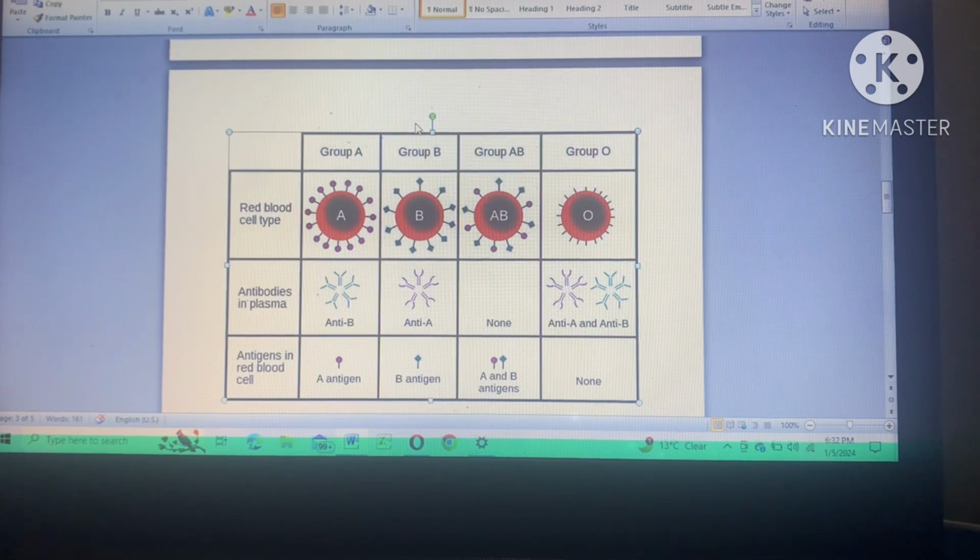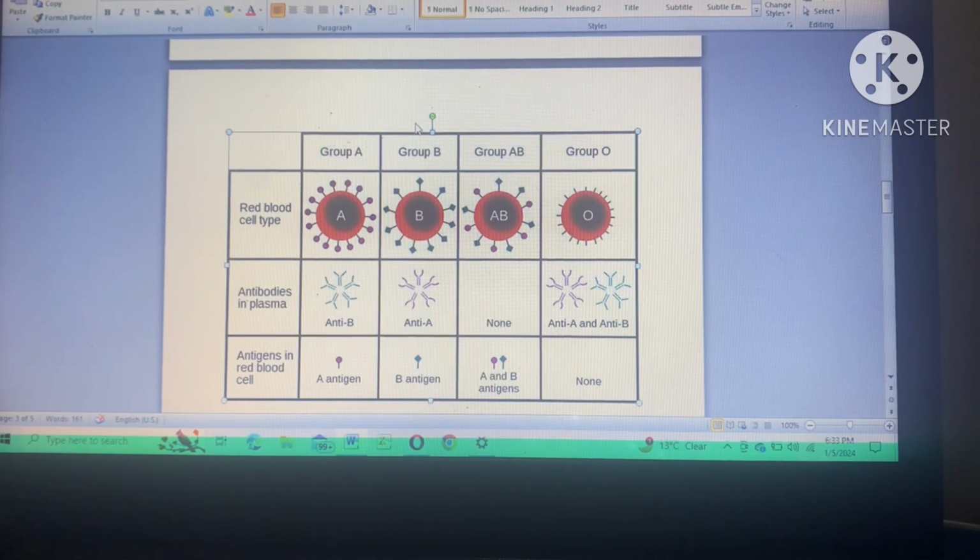Same when you talk about group B. When you say blood is group B, what does it contain? On the surface of that blood there will be antigen B, but in the plasma of that blood there will be anti-A antibodies.